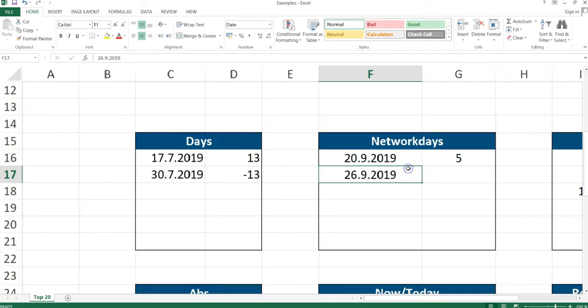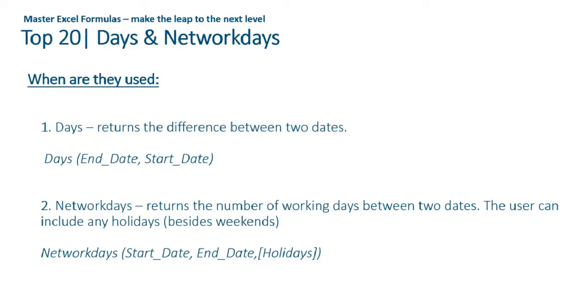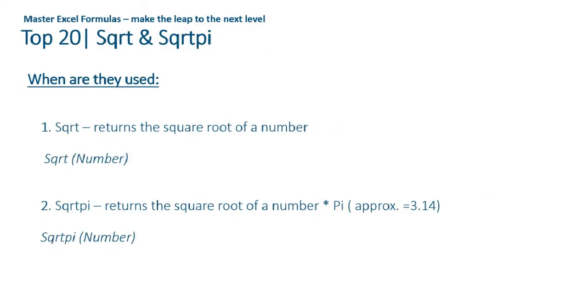Now the next set of formulas are Sqrt and Sqrt pi. Sqrt is a very often used function. It is used to return the square root of a number.